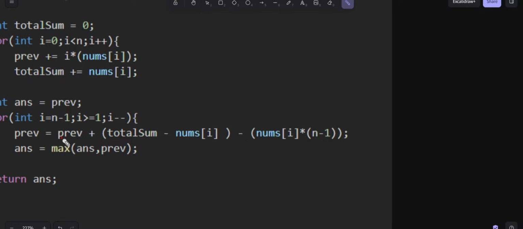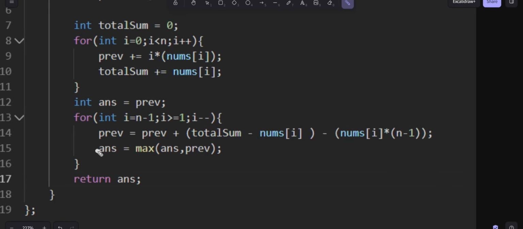Because in the previous value, we were adding nums of i. Nums of i was the last element, but now it has become the zeroth element, so its contribution is going to be nullified, and total sum minus nums of i is to be added, because the other elements have now shifted their position by one index.